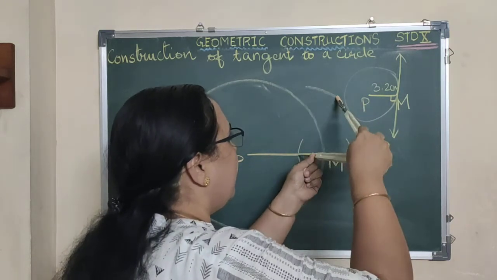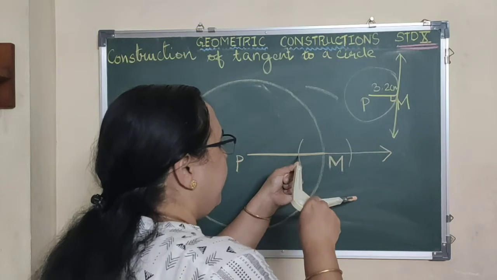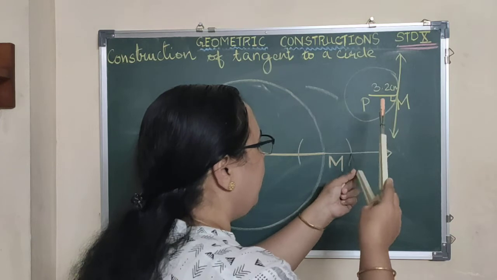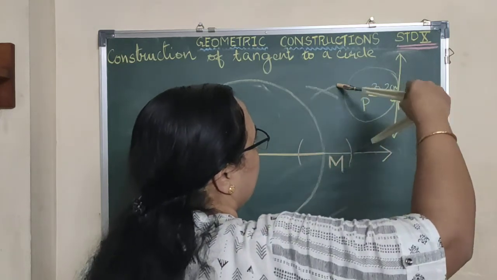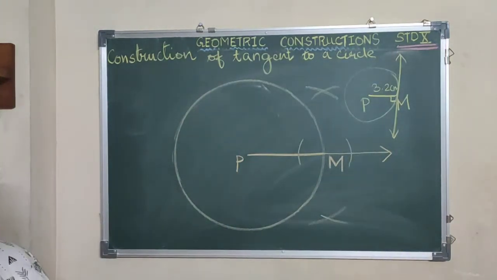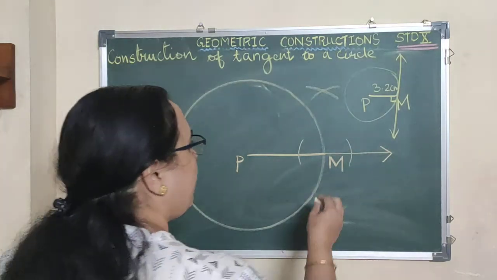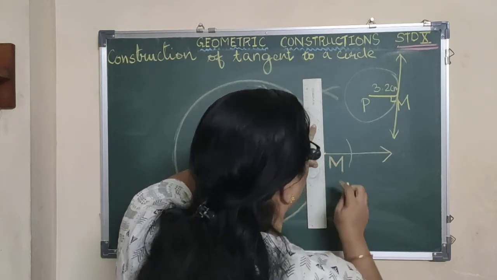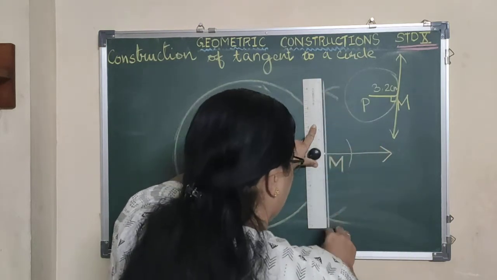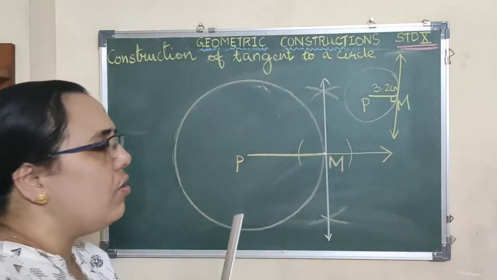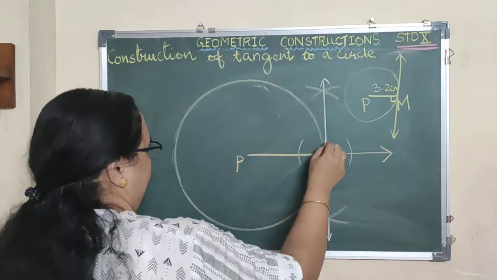We will draw an arc on this side and this side, keeping the same distance, and from the arc what we have already cut before, cut the arc what we have already drawn. Now join the common point, and while drawing you will find it will pass through point M. So this is how we draw the tangent at point M.